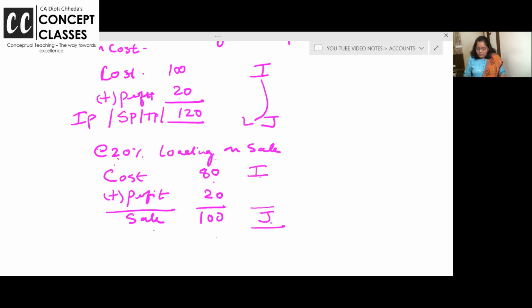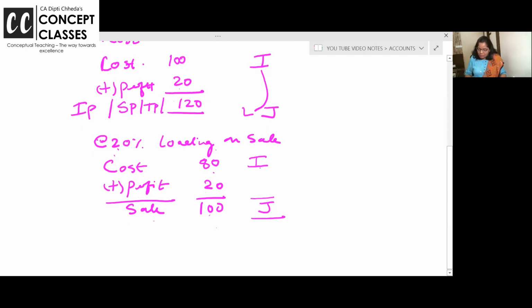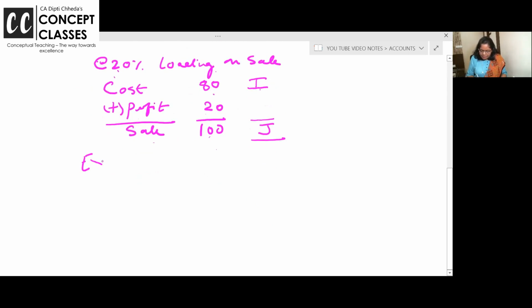So, if the loading is 20% on cost, this is the equation. If the loading is 20% on sales, this is the equation. Now, why is this important? Example, I have sent 1 lakh goods to J. What I am explaining is also asked for 5 marks as a separate question, and then I'll go directly to the IJK question.